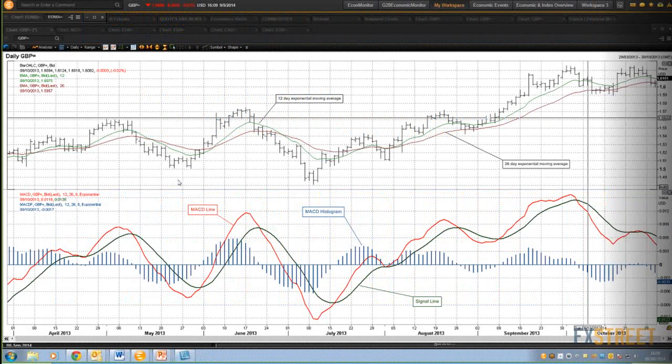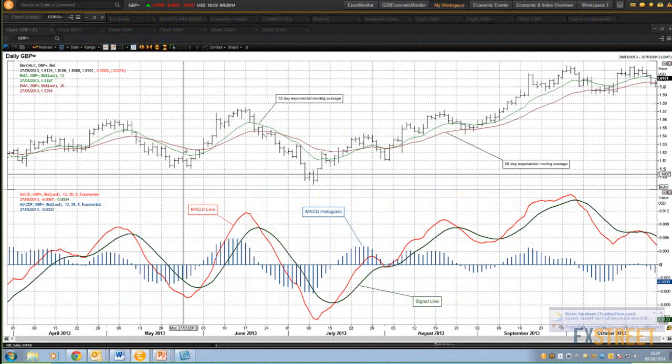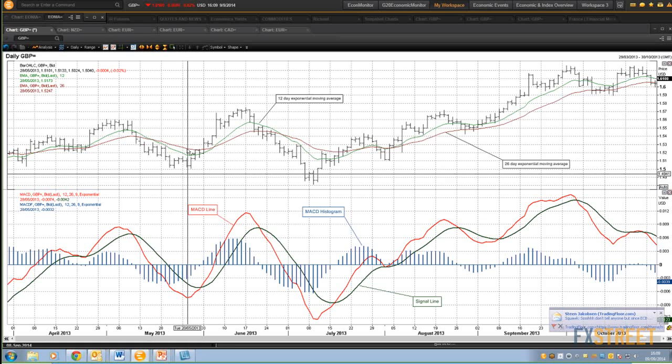But yes, you've got here the shorter moving average, which is your green line, and your 12-day moving average turning up, and that comes back towards that longer 26-day moving average. Hence the distance then starts to come back and narrow, and therefore the MACD line turns higher.